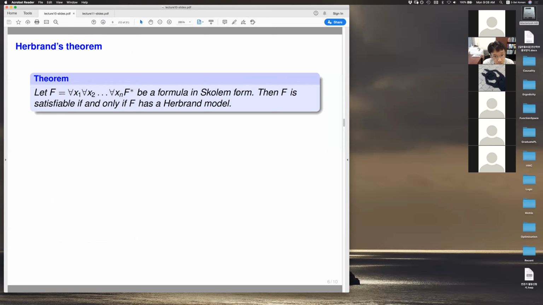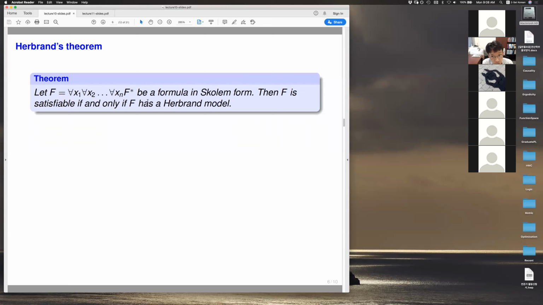I express this Herbrand theorem in an unsatisfiable format, because if you take the so-called contrapositive, 대우 in Korean, then this theorem is equivalent to saying f is unsat if and only if f doesn't have a Herbrand model. That's exactly the same statement as the Herbrand theorem.